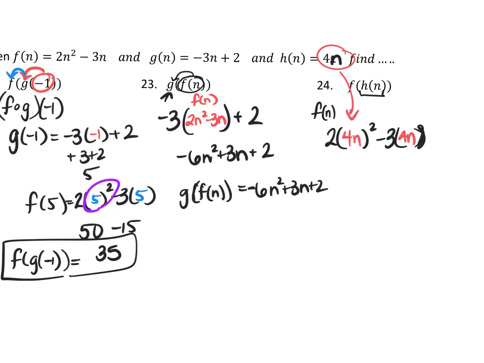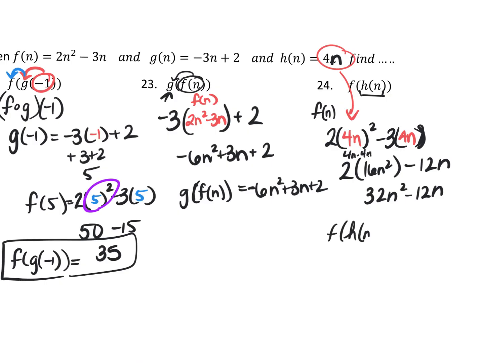And 4n squared is 16n squared. Remember, that's 4n times 4n, so n times n is still n squared. 32n squared minus 12n. So f of h of n is equal to 32n squared minus 12n.